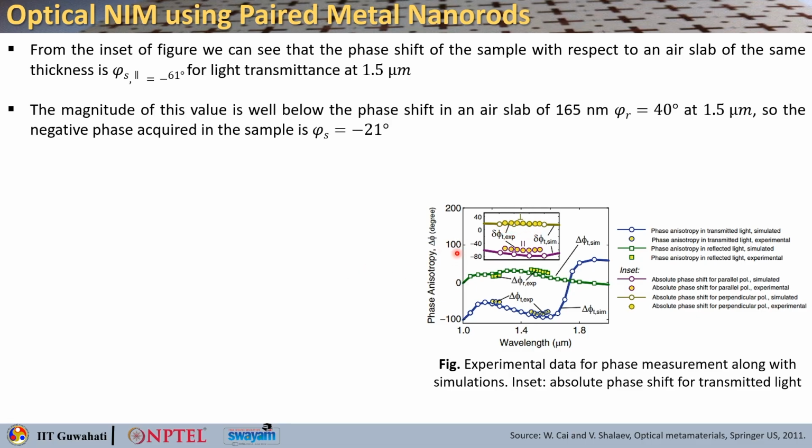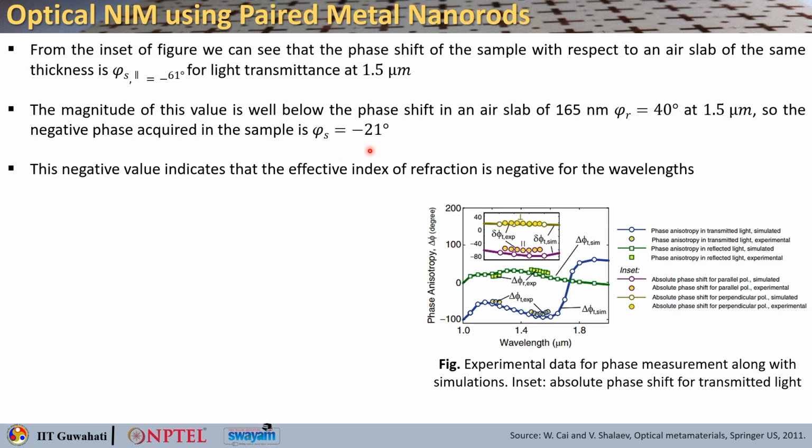The magnitude of this value is well below the phase shift in an air slab of 165 nanometer, where you get phi r equals 40 degree at 1.5 micron, so that you have the negative phase acquired in the sample to be around minus 21 degree.